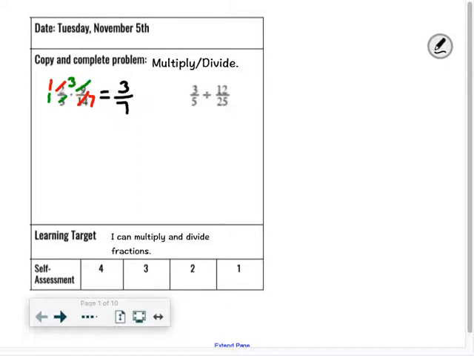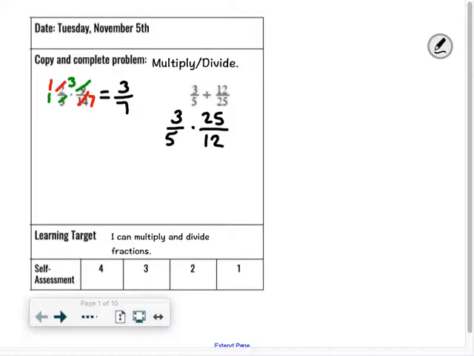With dividing fractions, how many of you guys are familiar with keep, change, flip? That's kind of the strategy we're going to be using with dividing fractions. This first fraction stays the same, we change to multiplication, and we flip this second one. So hopefully that's a familiar strategy and how you were taught how to divide fractions.